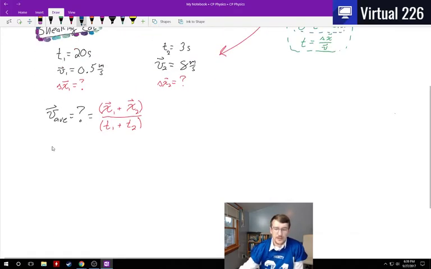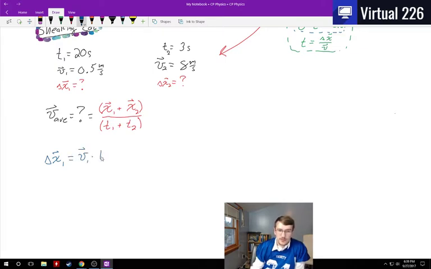So I can simply say, okay, if delta x1, because I'm looking for this first scenario here, equals velocity 1 times time 1, then that's going to equal 0.5 meters per second times 20 seconds. Our seconds cancel out. That's lovely. We get meters, which is indeed a displacement. Half of 20 is 10 meters. I'll just shove that up there for completeness.